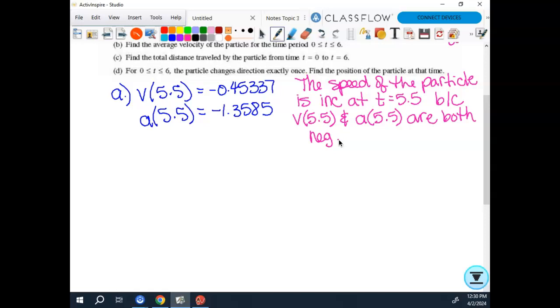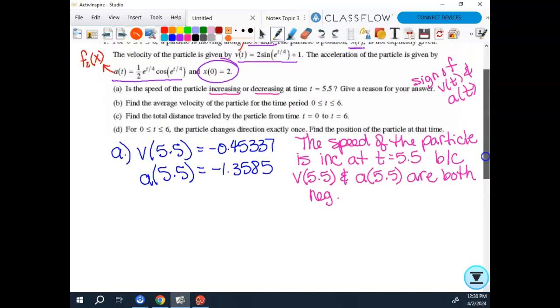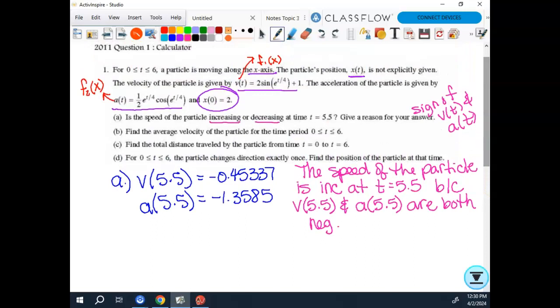Everybody okay with that? Yes? All right, so let's look at B. B says, I want the average velocity. So average velocity is the change in position over the change in time, right?